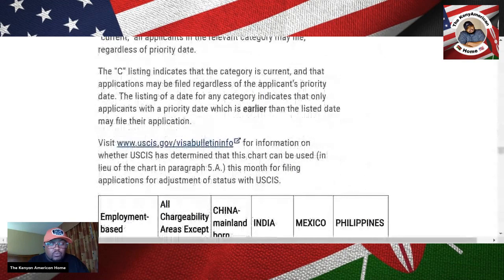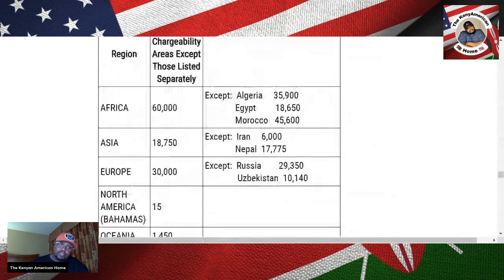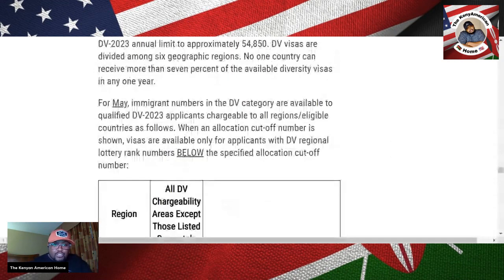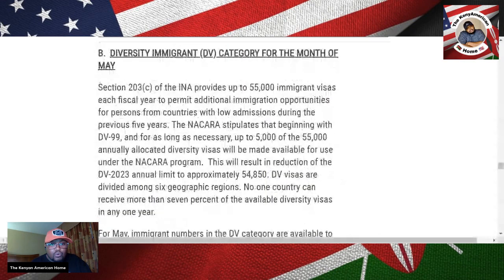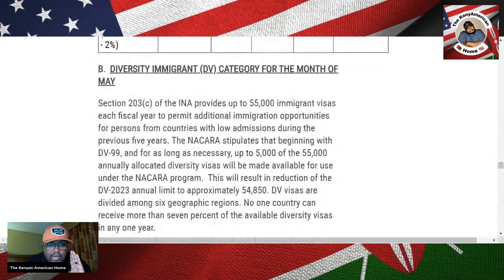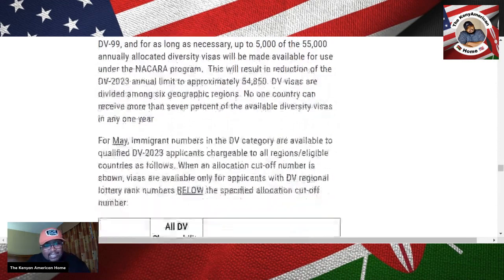But what I really want to focus on is the DV lottery cases. If you come to the visa bulletin, it'll tell you what visas are current, what visas are being processed now.